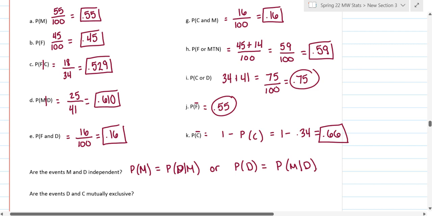So let's see what we have. The probability of M given D is 0.610. Probability of D, total number of deserts is 41, so that's 0.41. So those are not equal to each other. So we say, nope, these are not independent.